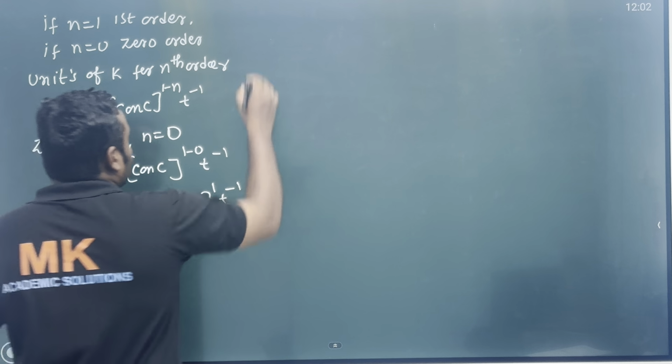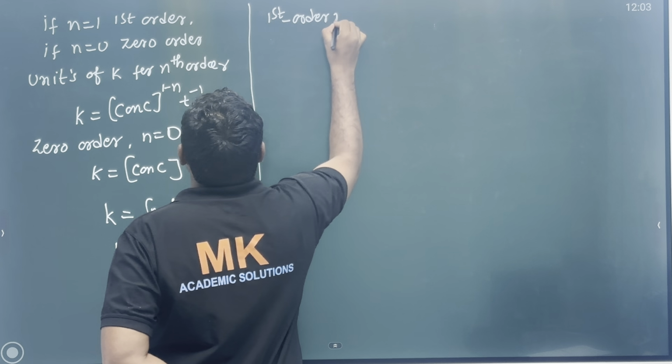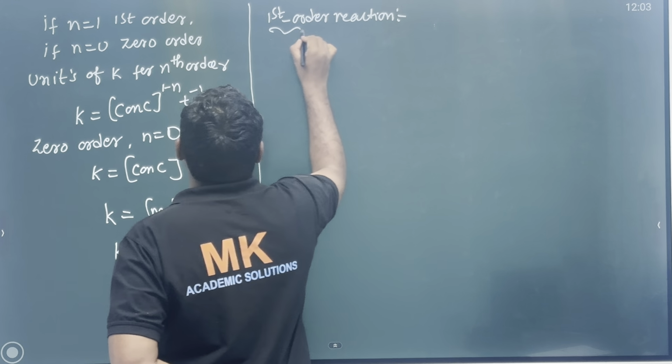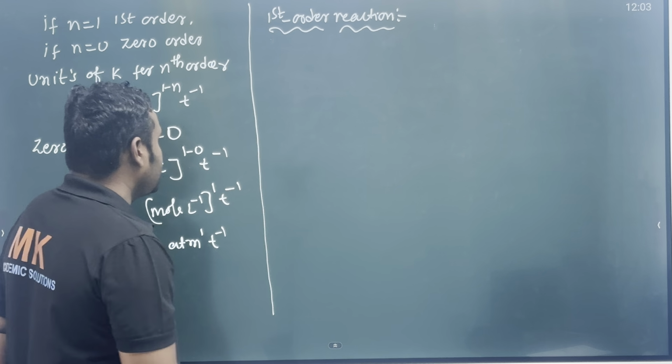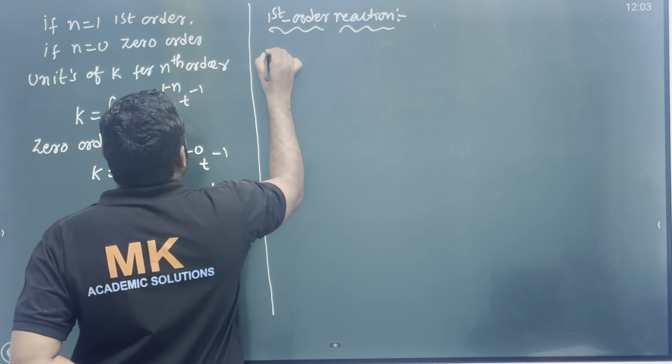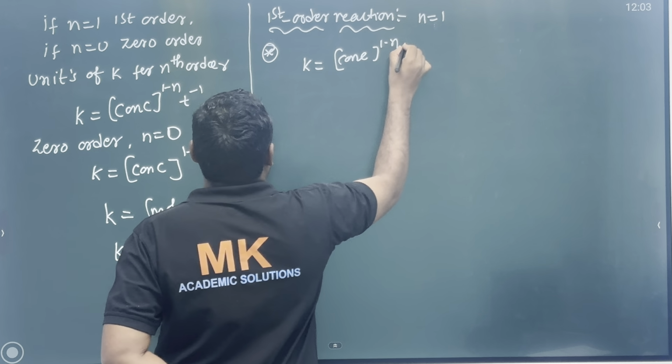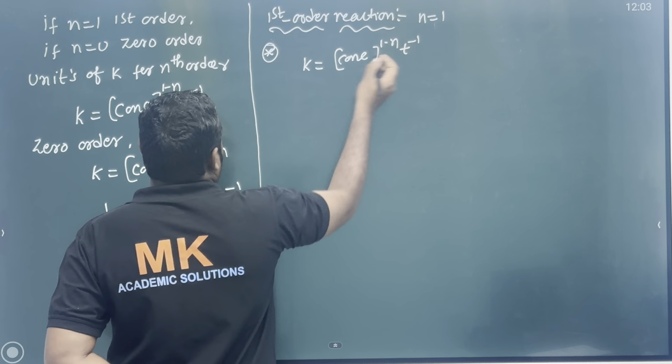Next, take the first order reaction. First order reaction is n equal to 1. So what are the units of K for the first order reaction? K is equal to concentration to the power 1 minus n, time inverse, and here n equal to 1.